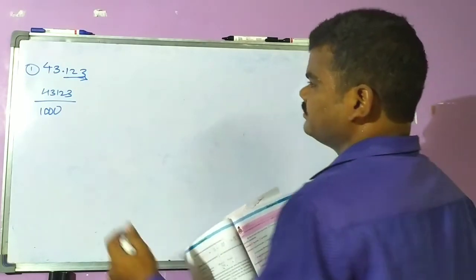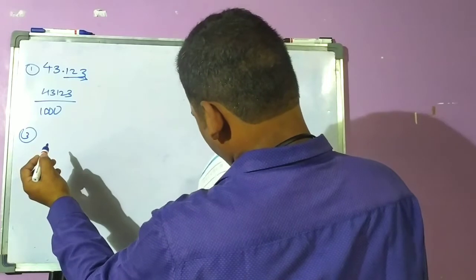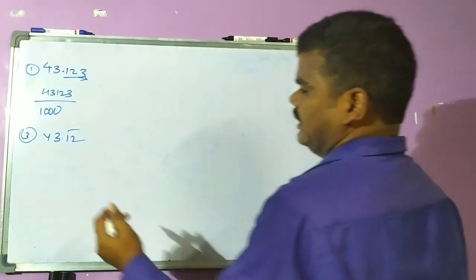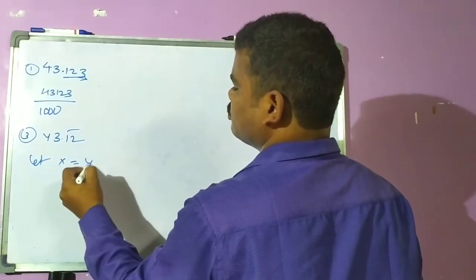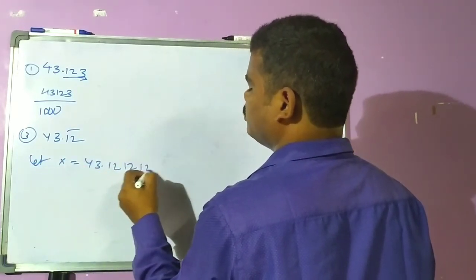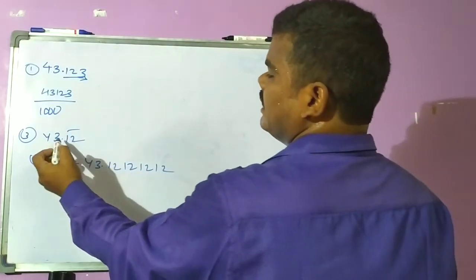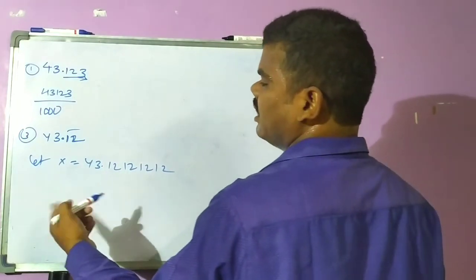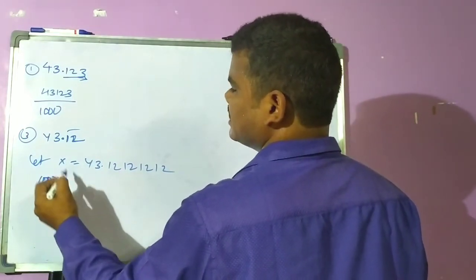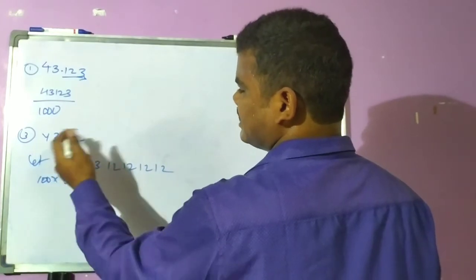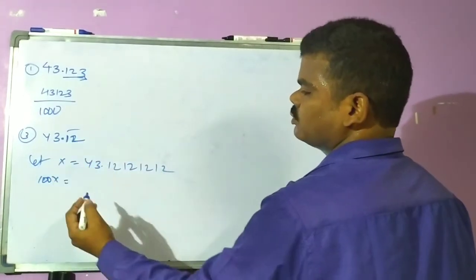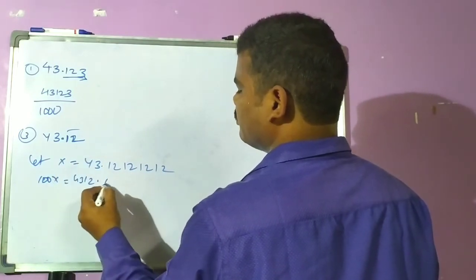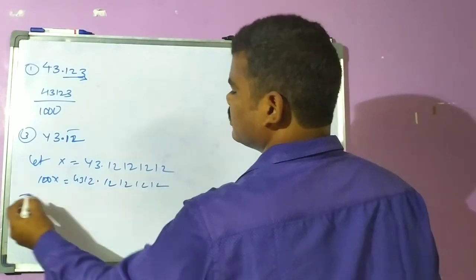Next, third one. 43.12 bar. See, let x equal 43.1212. After the point two numbers are repeating, so multiply with 100: 100x is 4312.12.